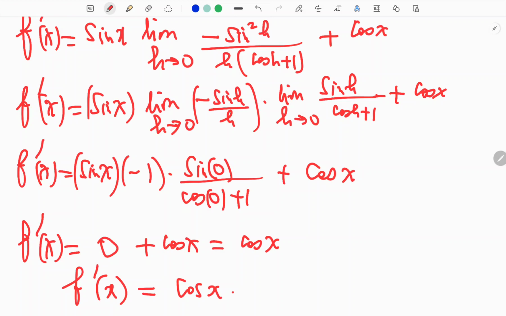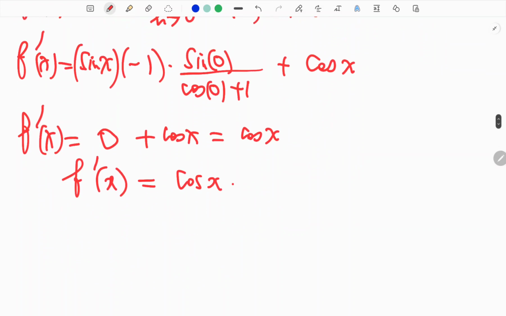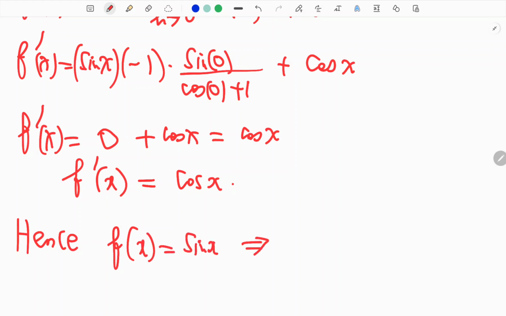Okay, so what is this? Hence, the implication therefore is that f of x equals sine x actually implies that the derivative, or the first derivative, is the same as cosine x.